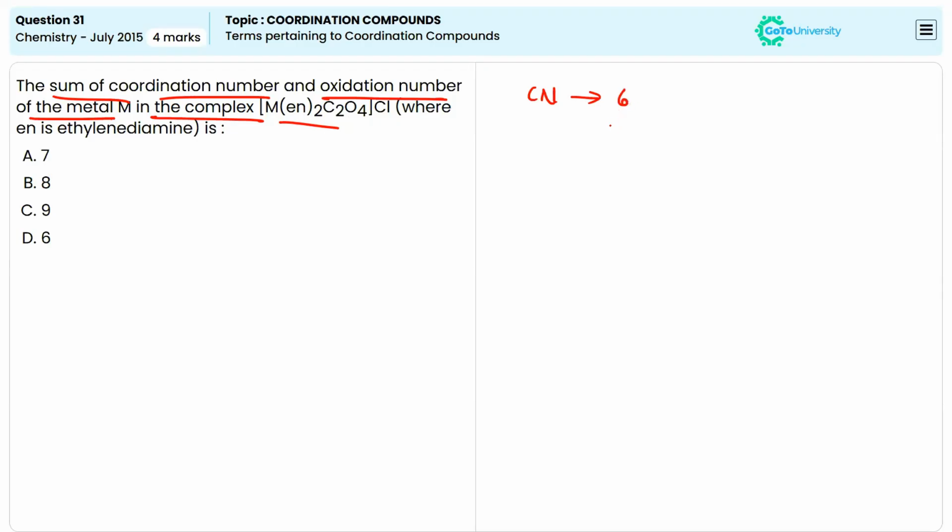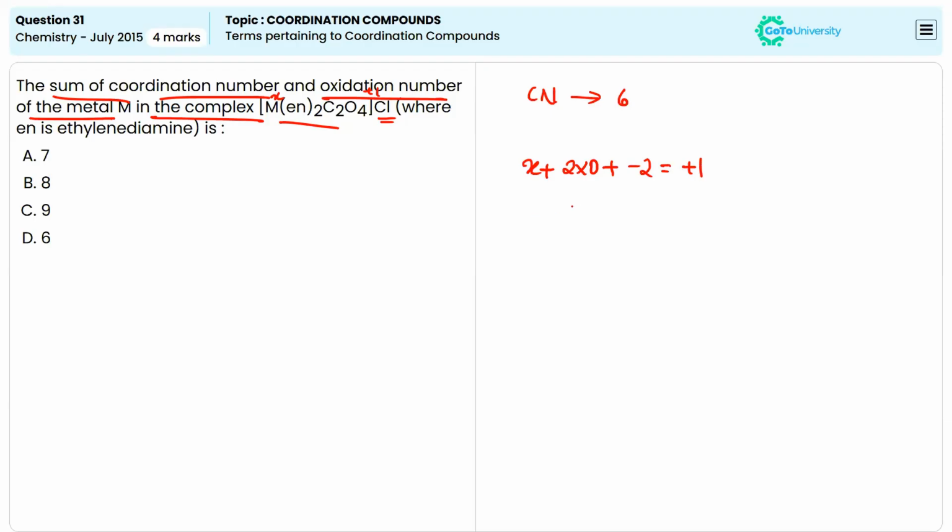Now we have to find the oxidation state. I am taking the oxidation state of the metal as X. So X plus ethylene diamine, which is 0, 2 into 0, plus oxalate, which has a charge of minus 2. The complex has a charge of plus 1 because the ionization sphere has only one chloride.